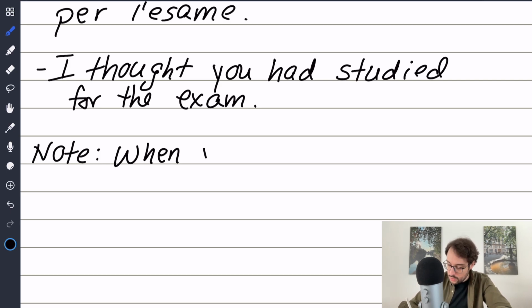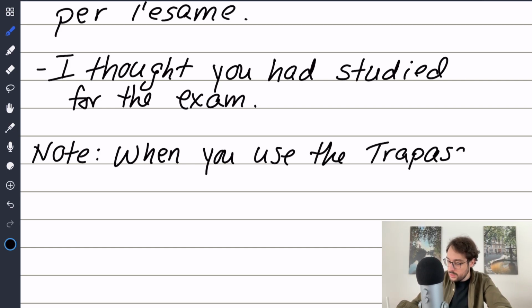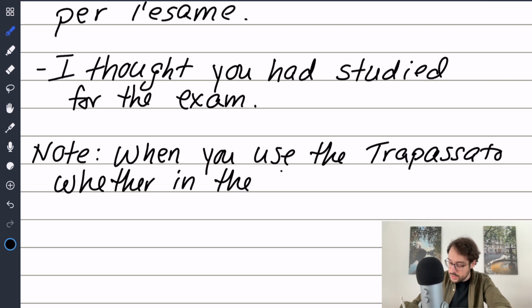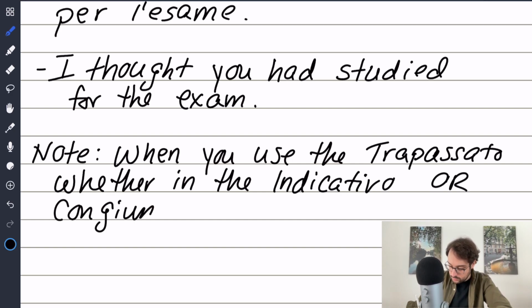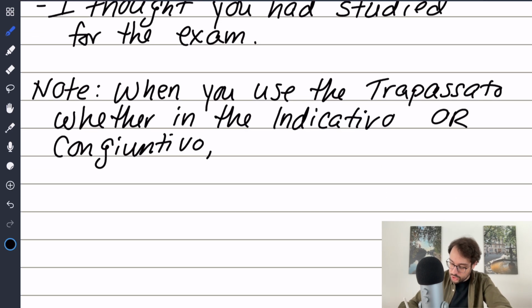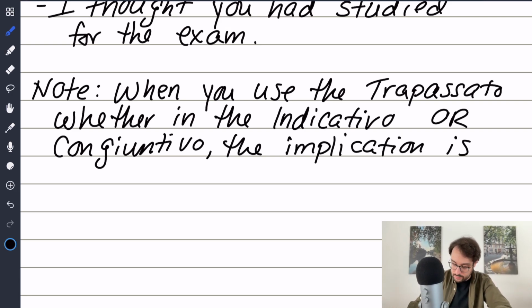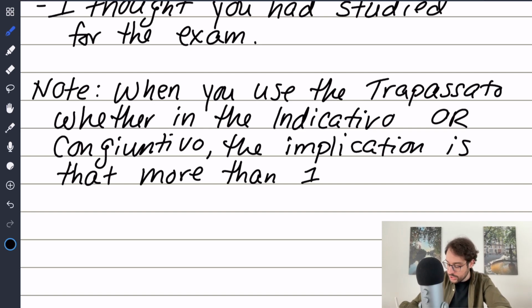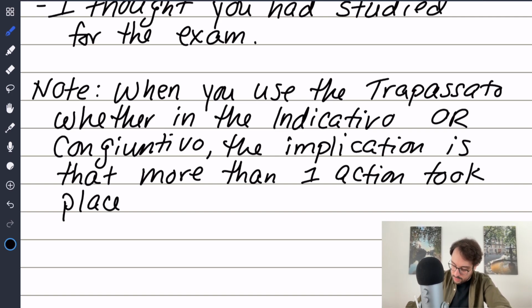So anyway, when you use the trapassato, whether in the indicativo or congiuntivo, the implication, meaning what it implies, is that more than one action took place in the past.